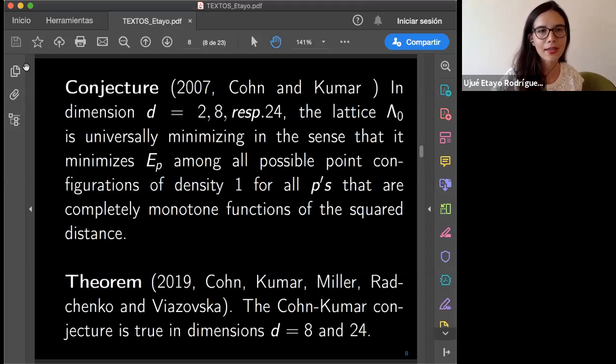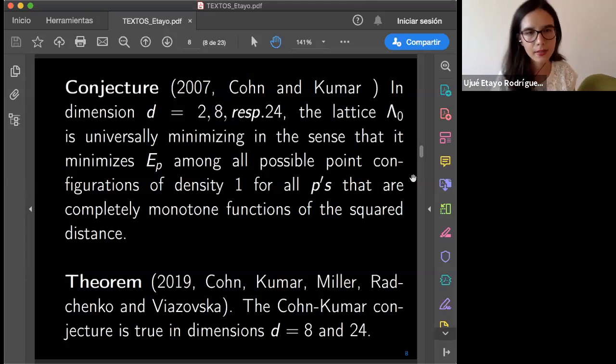Okay, so in dimension 2, 8, and 24, the lattice lambda 0, that I will explain which one it is, is universally minimizing in the sense that it minimizes E_f among all possible point configurations of density 1 for all f that are completely monotone functions of the square distance.